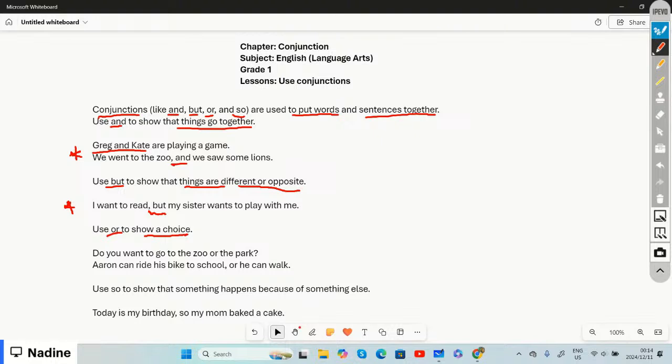So we're using now the word or, and this will basically show a choice. It's either this or it is that.